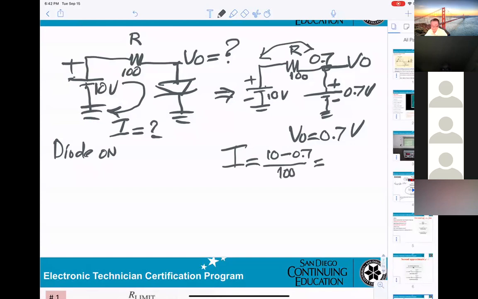Whatever you get. 0.093. Go to milliamp. 93 milliamps. 93 milliamp, correct.